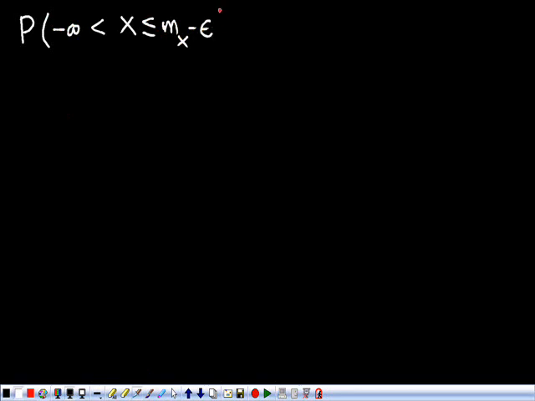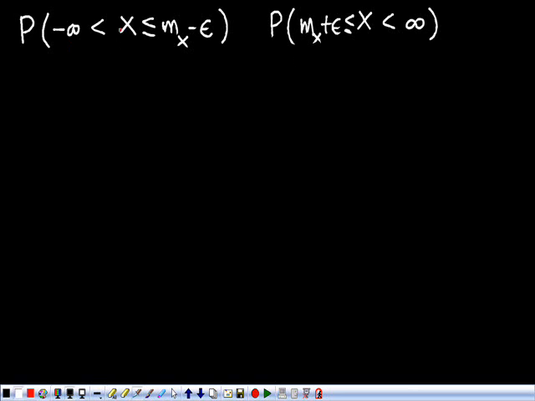We know this interval, and probability of the random variable x that is lying in between mx plus epsilon and plus infinity. We excluded mx minus epsilon to mx plus epsilon. Here it is from minus infinity, here it is up to infinity.